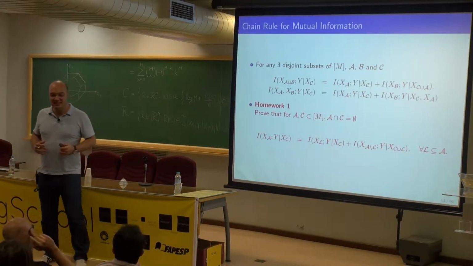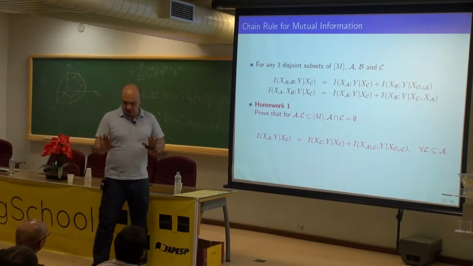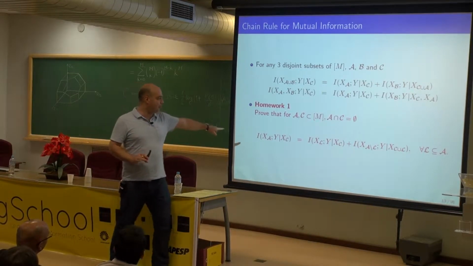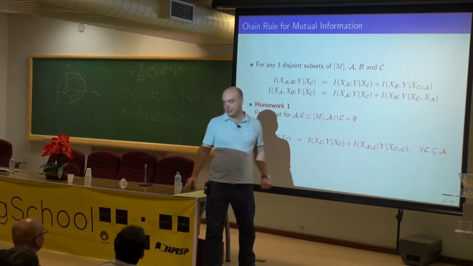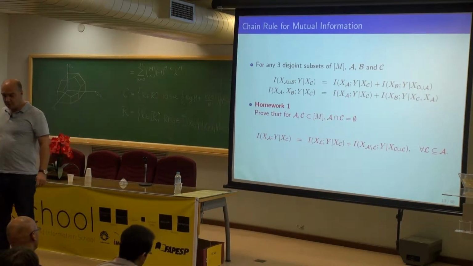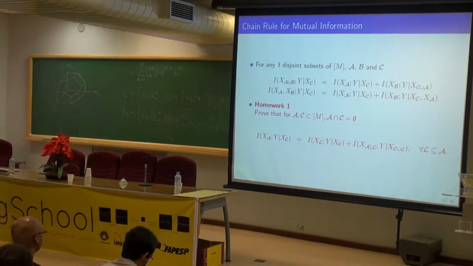Just rename the parameters A union B to A. That's okay, I'm pretty sure you can see it. But how do you prove that this is true? Use the definition that I showed yesterday.